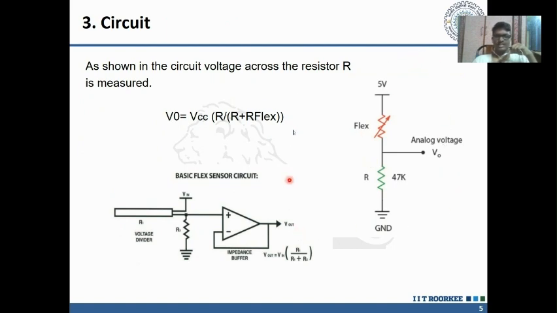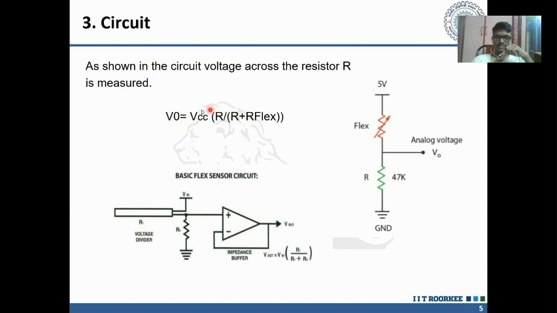Next, this is the basic circuit design. There is a constant resistor R and the flex sensor resistance, which varies depending on bending. We measure the voltage across this 47 kilo ohm resistor.